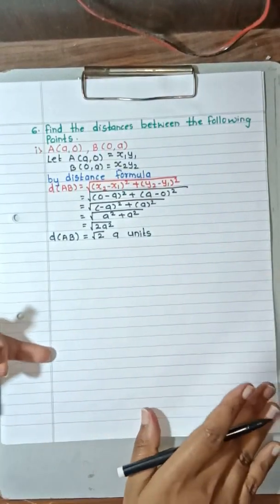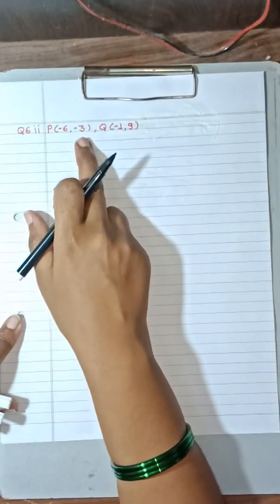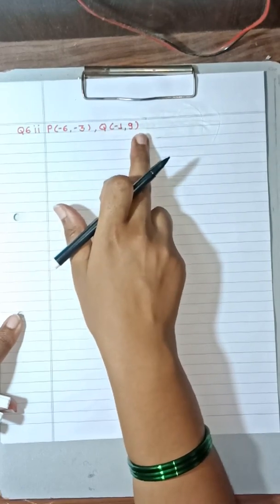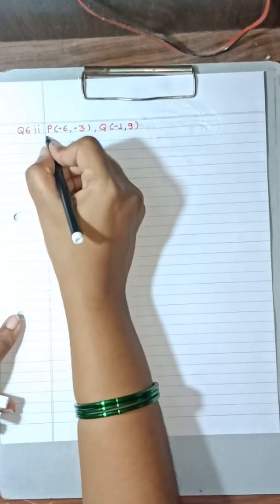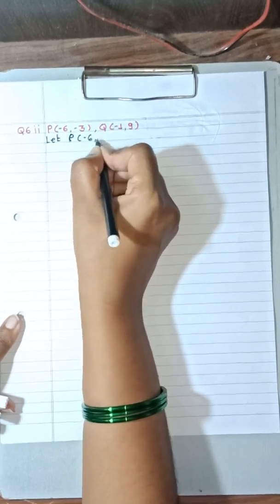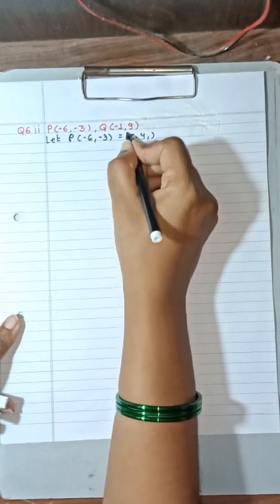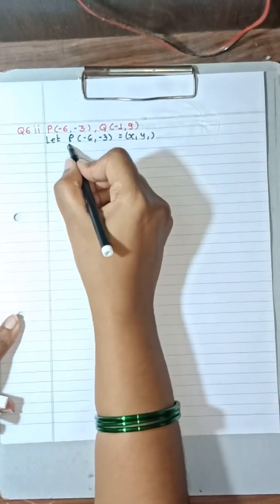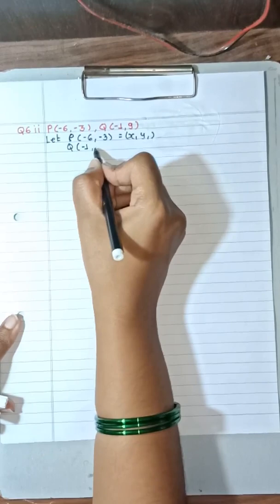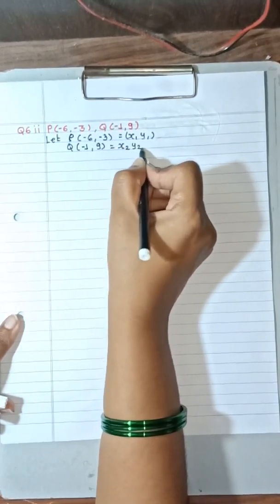Now let us move on towards question number 2 of question number 6. In that they have given P(minus 6, minus 3), Q(minus 1, 9). So I'll write down here, let P(minus 6, minus 3) is equal to (x1, y1), and Q(minus 1, 9) is equal to (x2, y2).